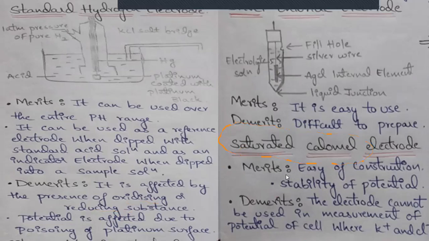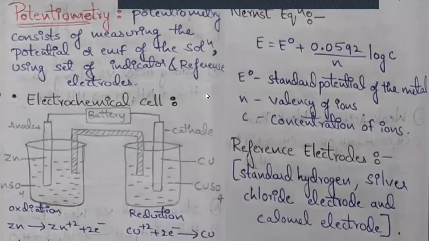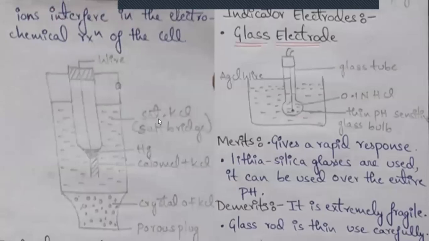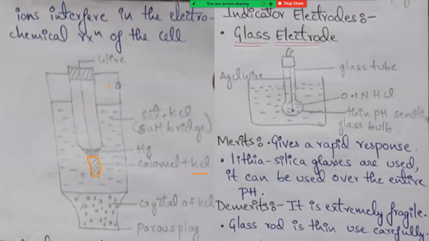Okay, so what is the construction of the saturated calomel electrode? This is the construction, right? Here we have calomel paste, which is saturated with potassium chloride. If you see the construction, the outside is called the sleeve, and the inside glass tube is called the jacket. So the inner jacket and outside sleeve will be there.